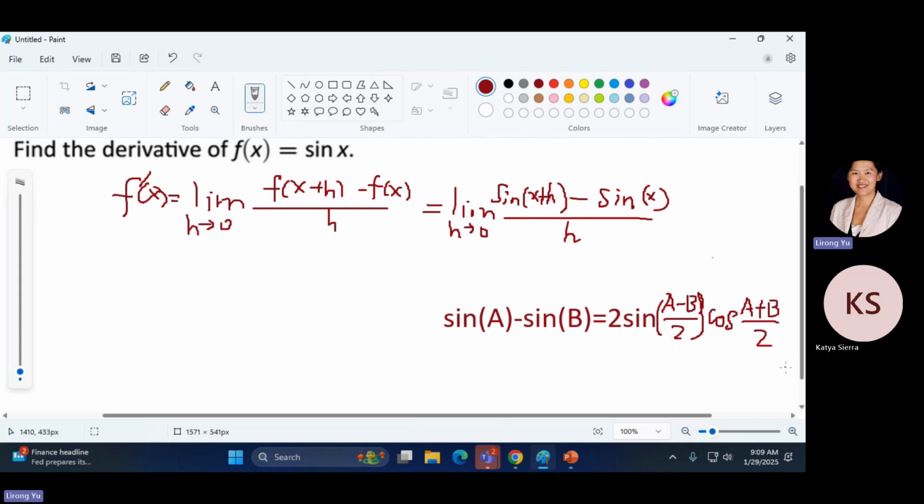Okay, that's called the sum to product formula. Any question? Do you remember the sum to product formula in pre-calculus? Product to sum, sum to product. Do you remember?